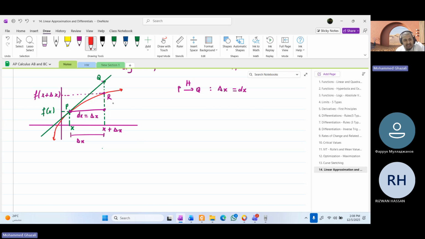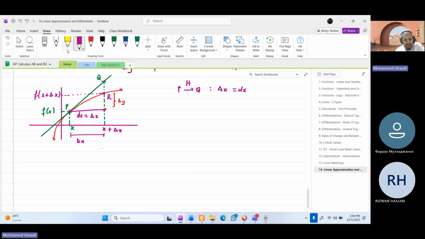So what is this vertical value, from this point to this point? We call that the change in y. There's a big difference between the change in y, the actual change in the function values, and the differential change.